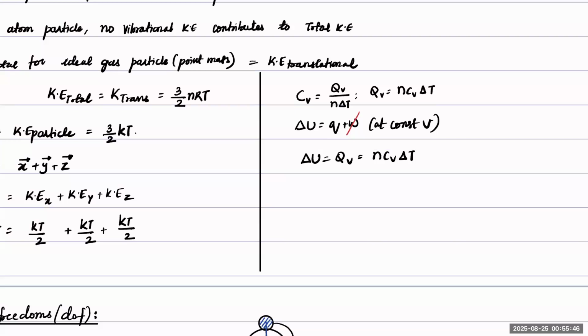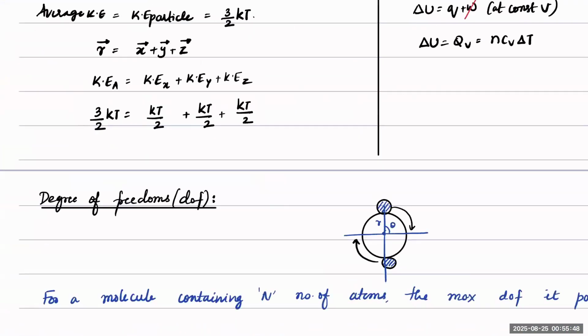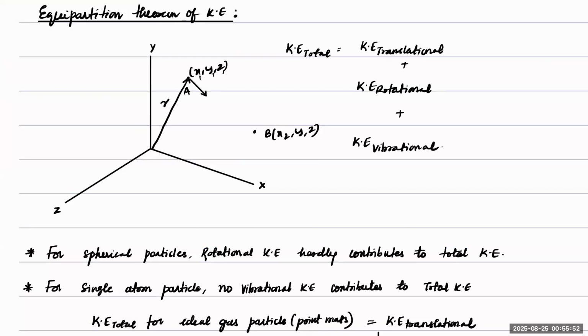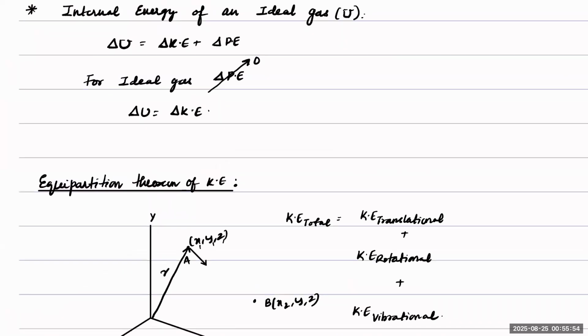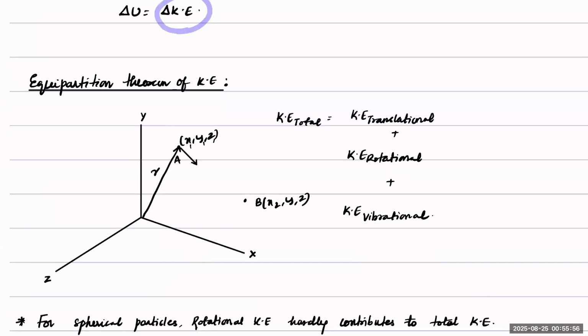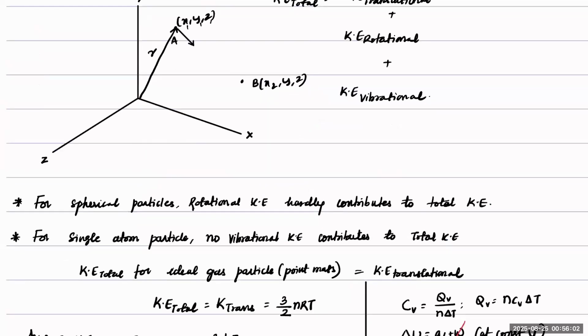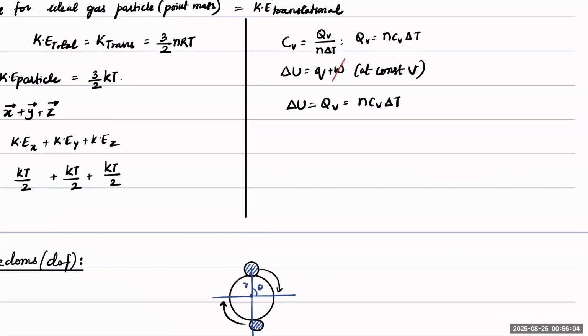So from there, let me get back here. Since the change in the total kinetic energy is the change in internal energy, we can write delta U equal to the change in kinetic energy.